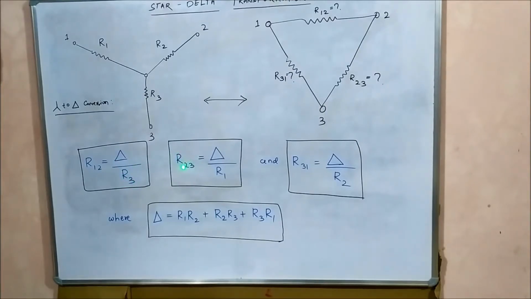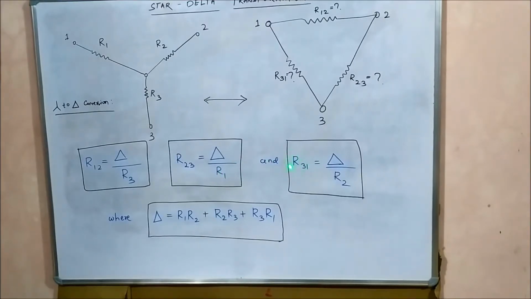Similarly, in R23 the missing number is 1, so that is the resistance value we place in the denominator, delta by R1. Delta is fixed and R1 is the missing number here. In R23 the missing number is 1, so that is the resistance value you have to put in the denominator.